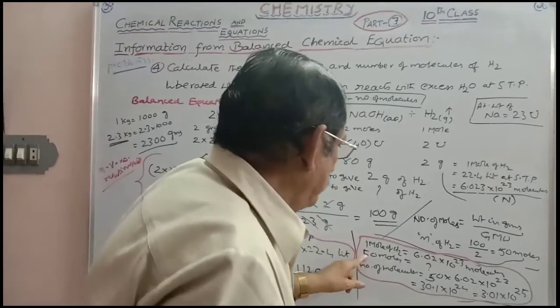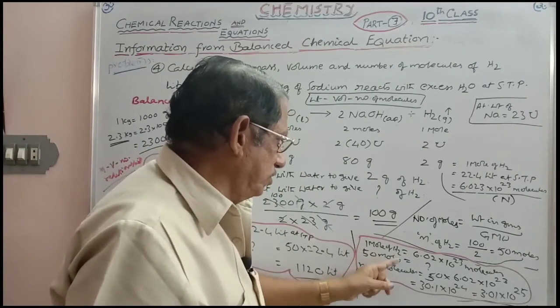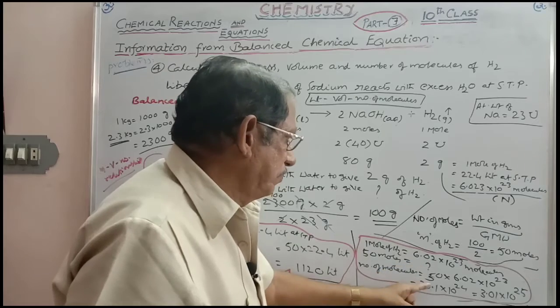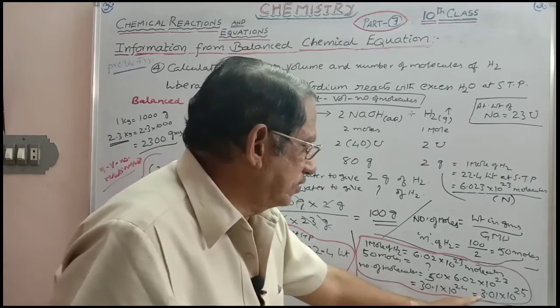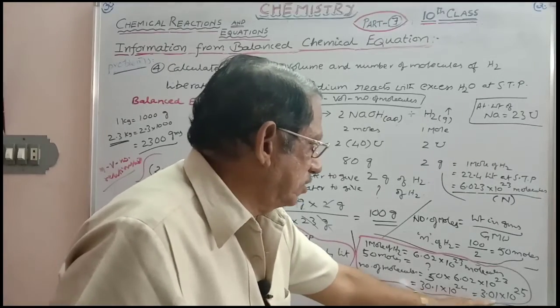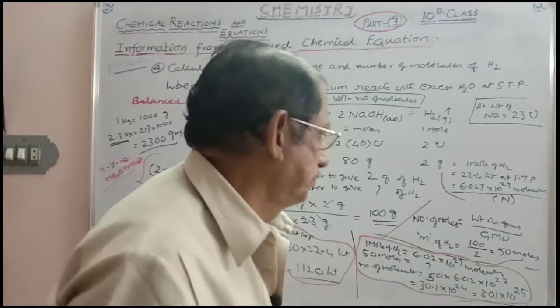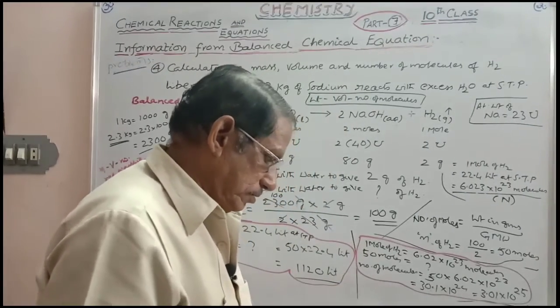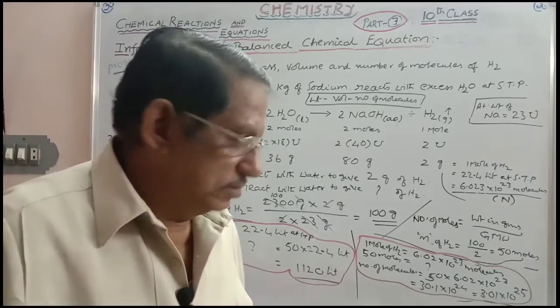So we obtained 50 moles here from 2.3 kgs of sodium. So 50 moles of hydrogen produces how many molecules? 50 into Avogadro number. So that is equal to, converting to simple number, 3.01 into 10 to the 23 into 10 square, that is equal to 10 to the 25. This is the actual answer. Okay. If we want, we can do some more simple problems.